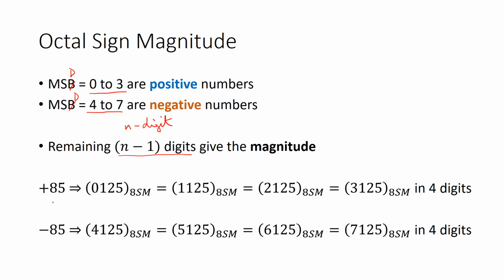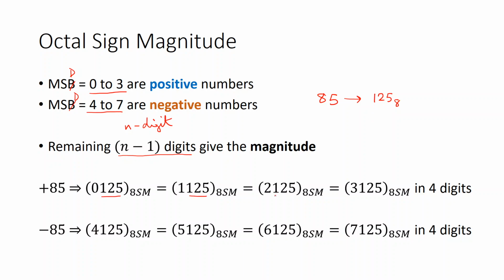You can see a very simple example. If we have to represent the quantity plus 85 in octal sign magnitude, first we need to evaluate what 85 is in octal. If you do the evaluation, you will see it is 125. So this 125 forms the magnitude part.